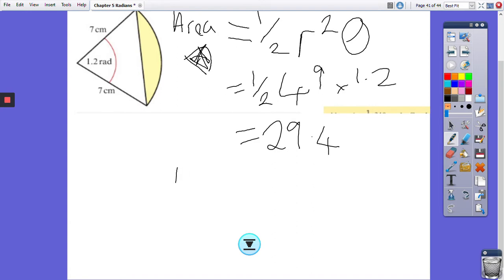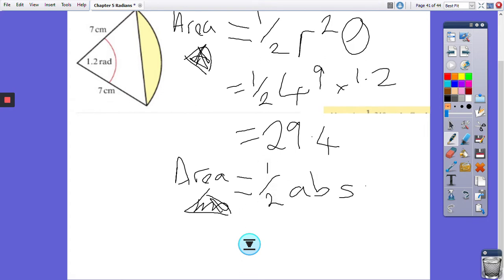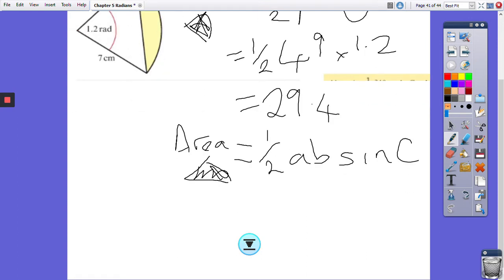Okay, what we're going to do now is work out the area of the triangle. Hopefully your notes are much neater than this is. So if you remember, the area of a triangle is a half ab sine C. It doesn't matter which angle measure you're doing, it's still that.